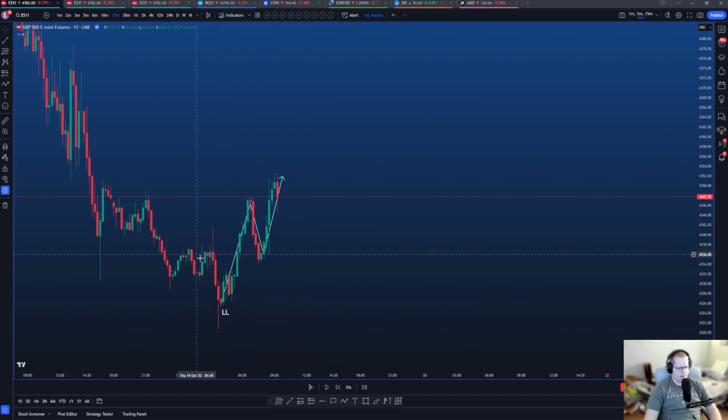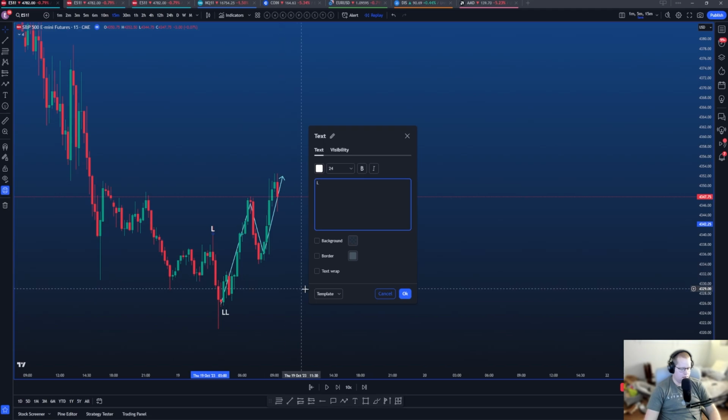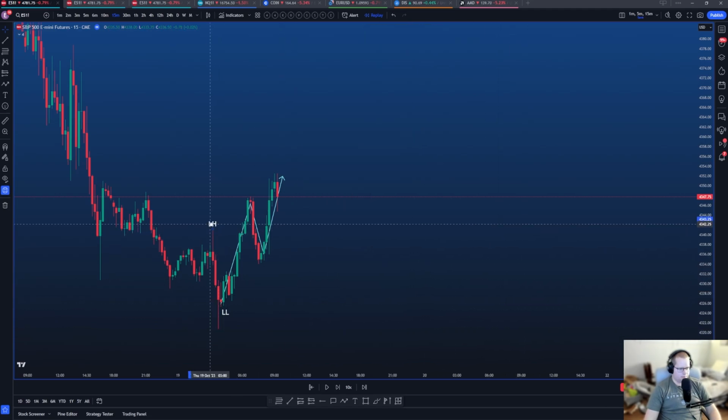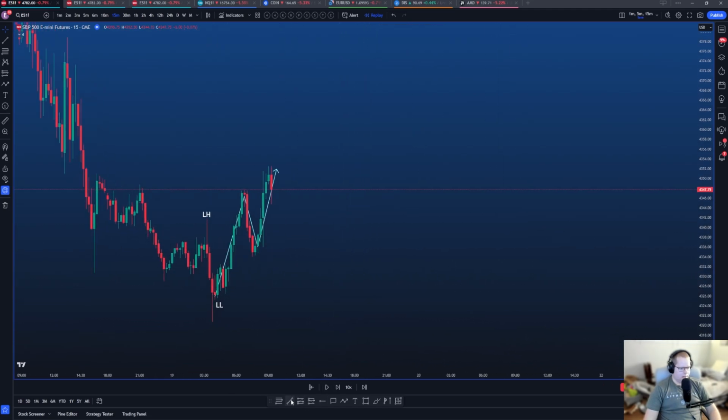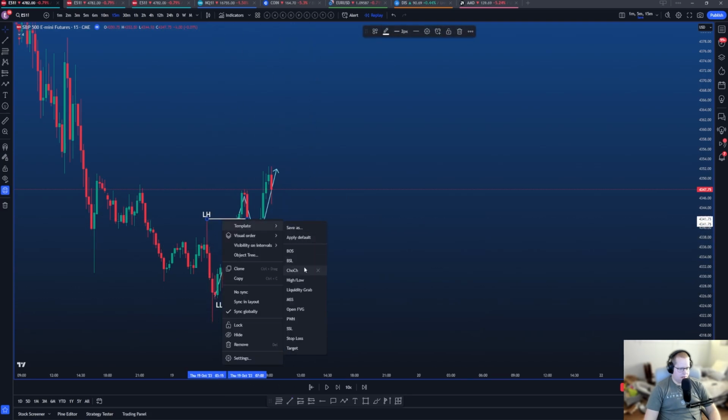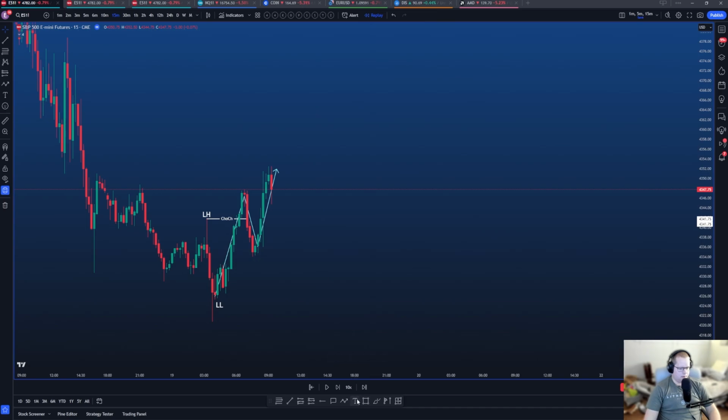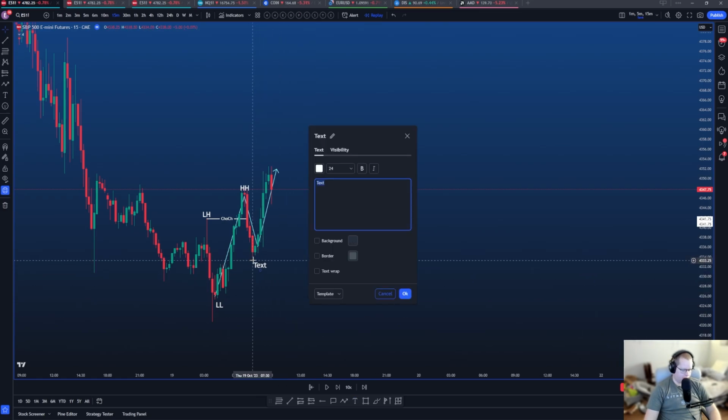So then I need to plot the previous lower high to see when the change of character is going to happen. And that's right here. And then we do break that at this level. So this is going to be the change of character, which makes this the higher high, and makes this little retracement the higher low.